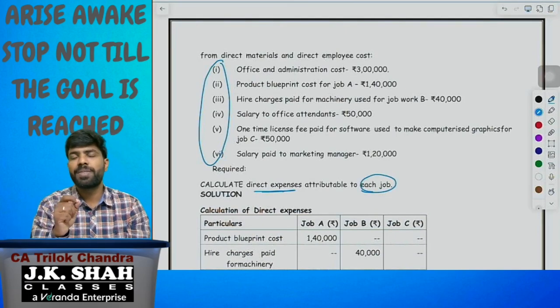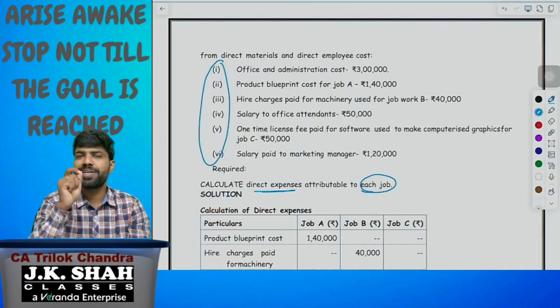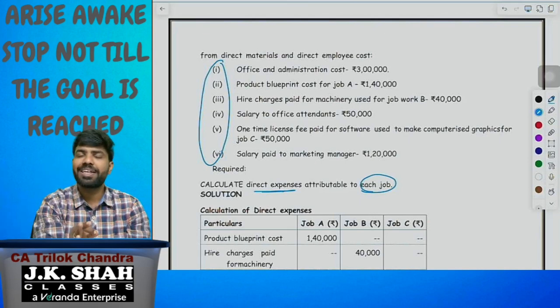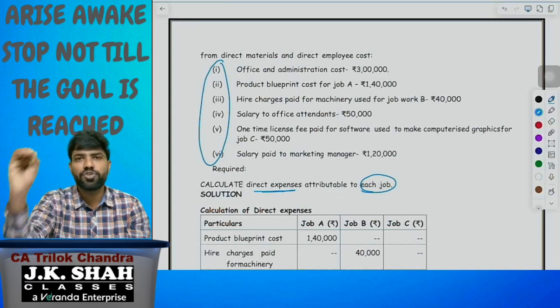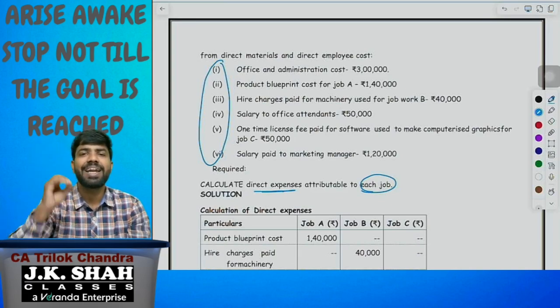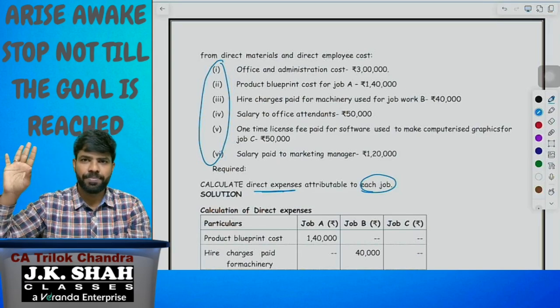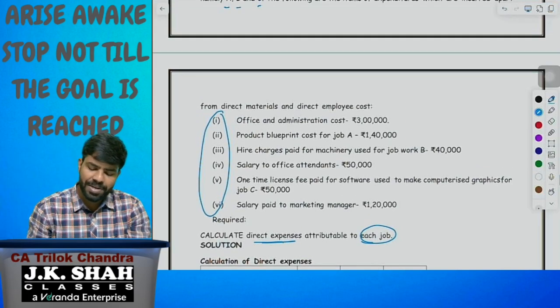Please understand the meaning of direct expenses: expense incurred specifically for the job. Whatever expense is incurred specifically for the job is called direct expense. Other than direct expense, everything is indirect expense. Look at the given information.